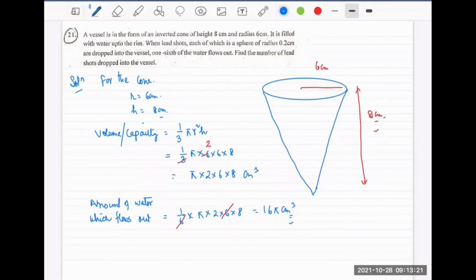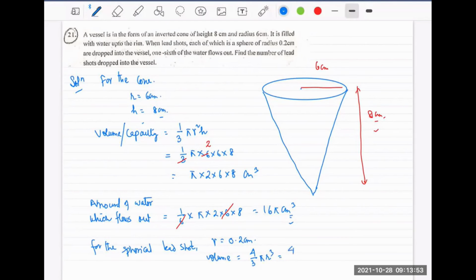One lead shot, okay, for the spherical lead shot. How much is the radius? Radius is 0.2 centimeter. And what will be the volume then? 4/3 pi r cube.